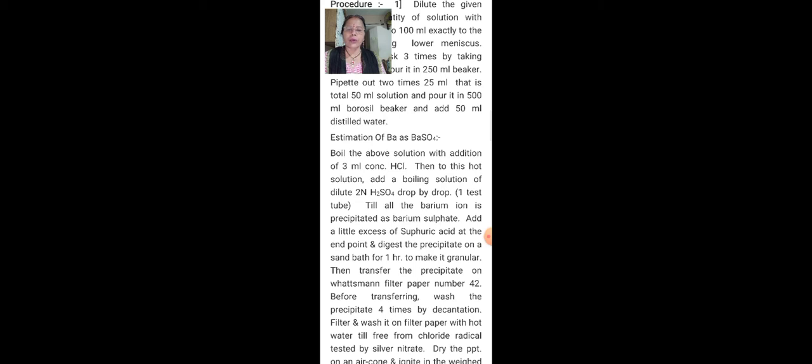Before transferring, wash the precipitate 4 times by decantation. It means take distilled water, pour it onto the filter paper where the precipitate is, and wash with hot distilled water 3 to 4 times.